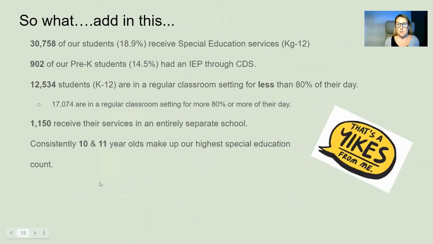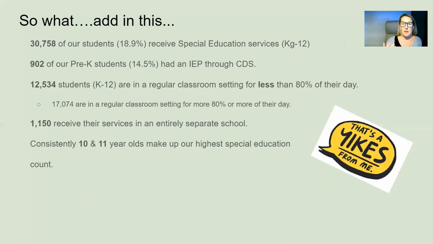So let's talk about the numbers of children for a minute. Again, this is 2019-2020 school year. We had 30,758 of our students, so just about 19%, who qualified to receive special education services in kindergarten through 12th grade, okay? That's not pre-K.